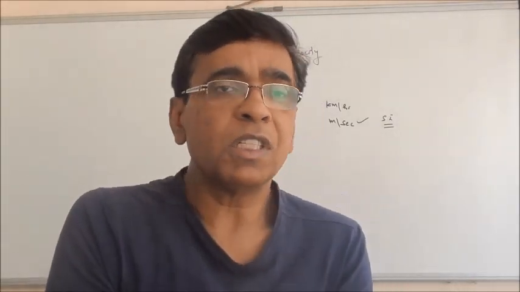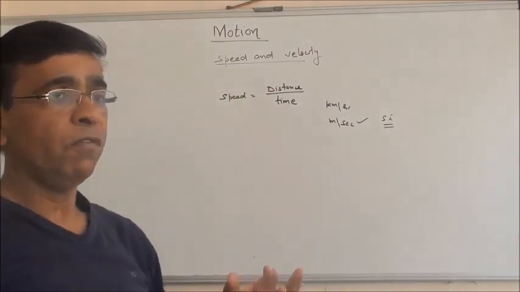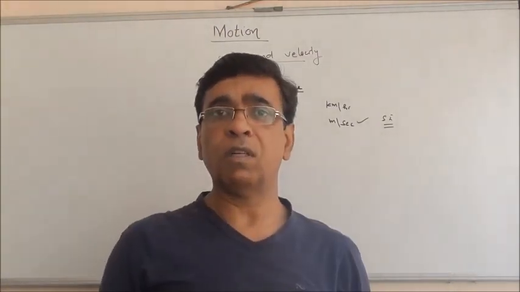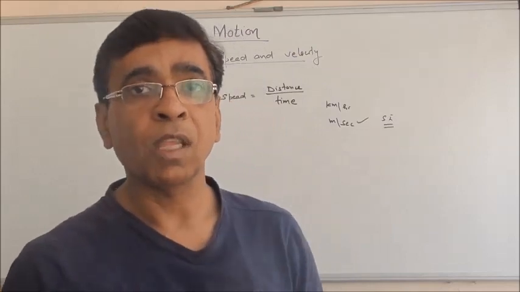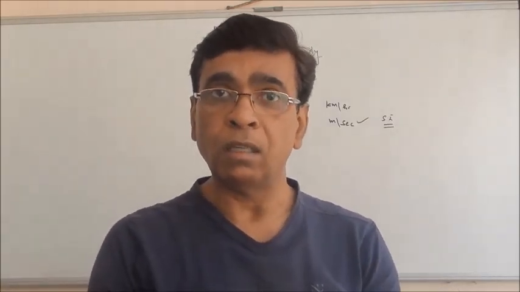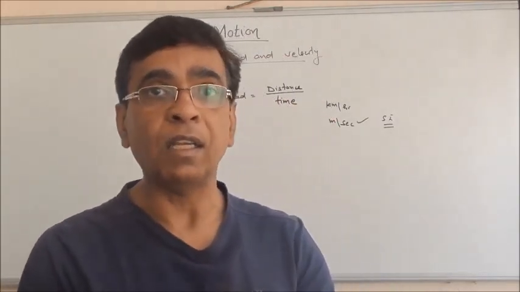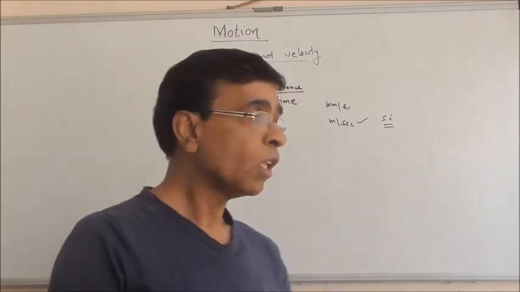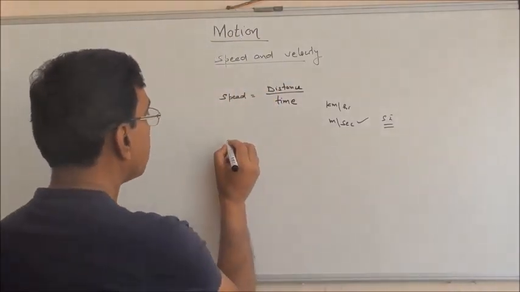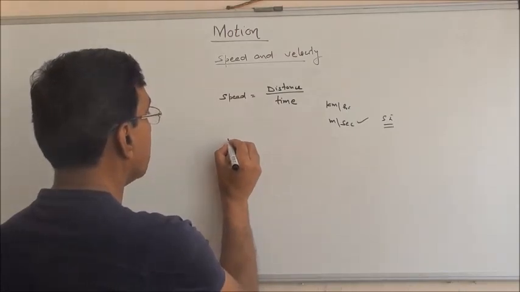So the speed was not the same. So this speed, when we calculate the total distance covered by you divided by total time, will not tell anything about your speed at any particular point of time. So accordingly, we define two types of speed.